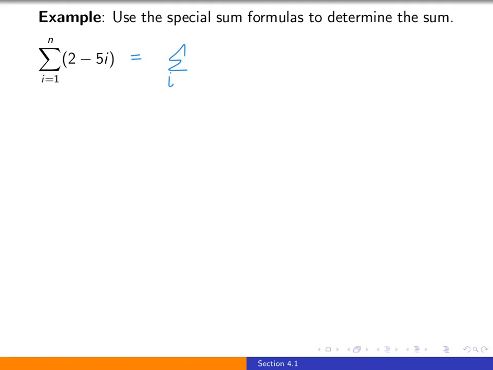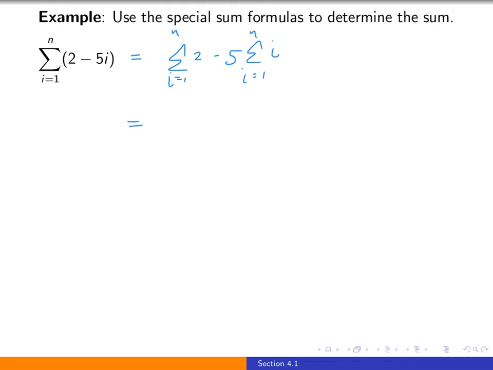We can write this as the sum from i equals 1 to n of 2 minus 5 times the sum from i equals 1 to n of i. Very similar in a sense to how we would break up a derivative or how we would break up a limit. We break it up over addition or subtraction and we can pull out constants.